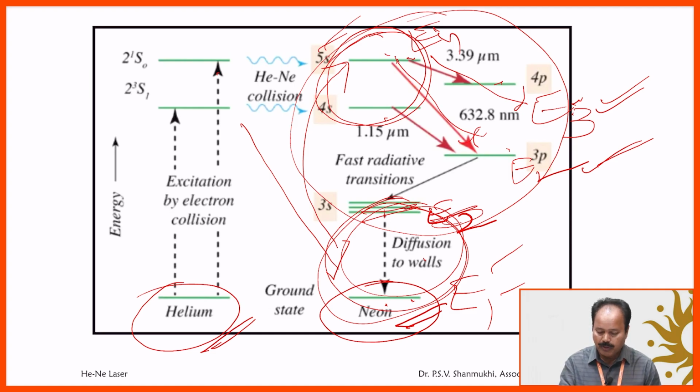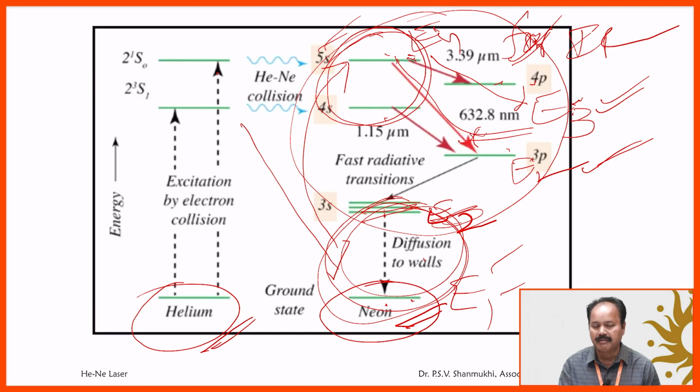So from E4 to this state, some energy is released, that is 33,900 angstroms or 3.39 micrometers. It lies in the far infrared IR region. Similarly, from E4 to another state, this is 6328 angstroms, that is in the visible red region.